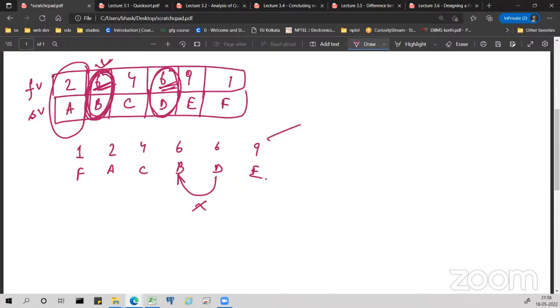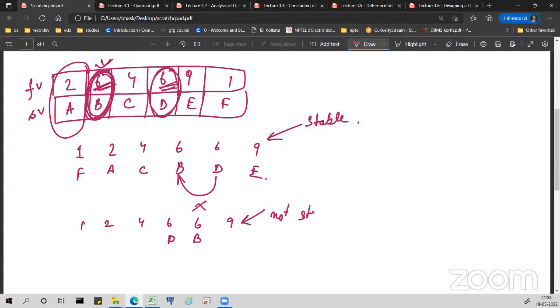If I get this result on every run of the sorting algorithm, then I would say that the algorithm is stable. But if in some sorting algorithm the result is correct on the basis of the first value, but the object corresponding to B moves after the object corresponding to D, I would say it's not stable.